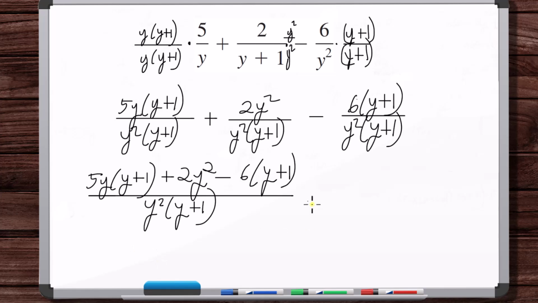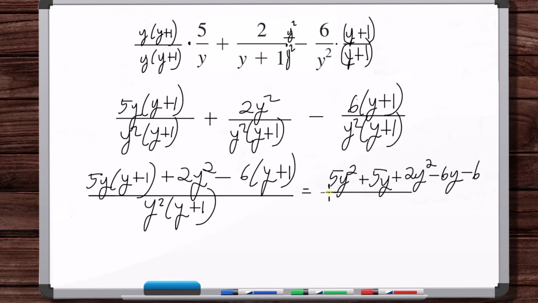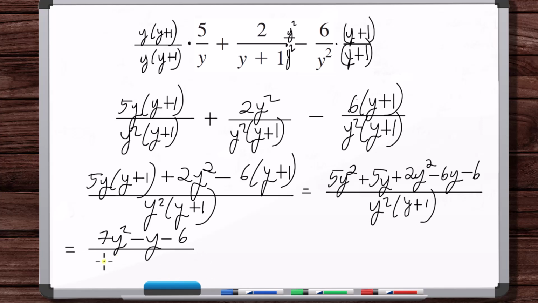So now we've got 5y squared plus 5y plus 2y squared, and then minus 6y minus 6, over, and we'll just leave this factored for now. Okay, now let's see. 5y squared plus 2y squared is 7y squared. 5y minus 6y is minus y.